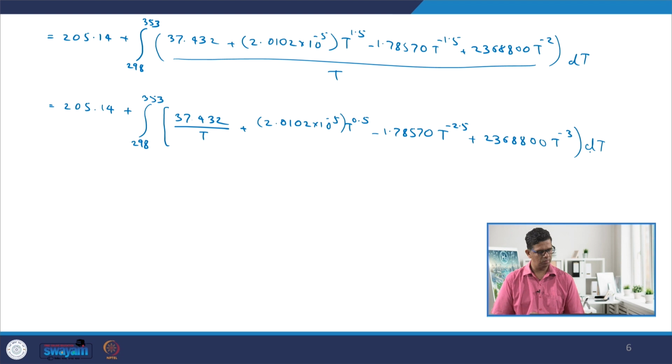This is dT. So, we have now taken into account the factor of temperature, which is our denominator.